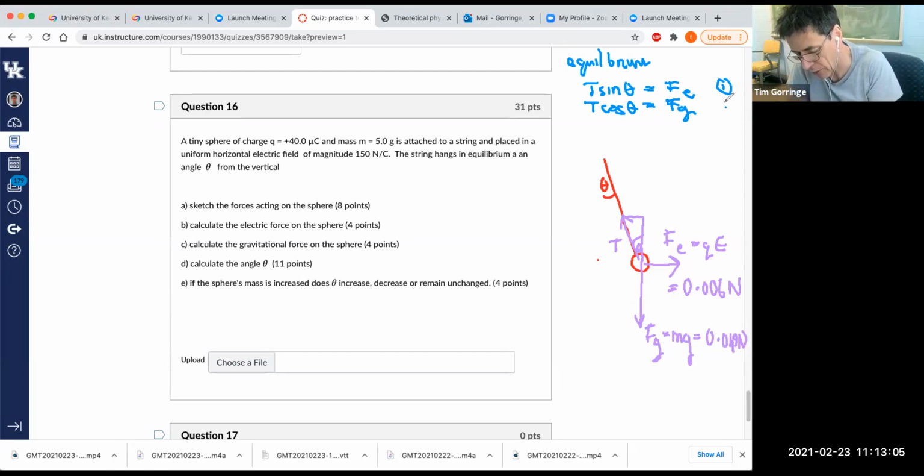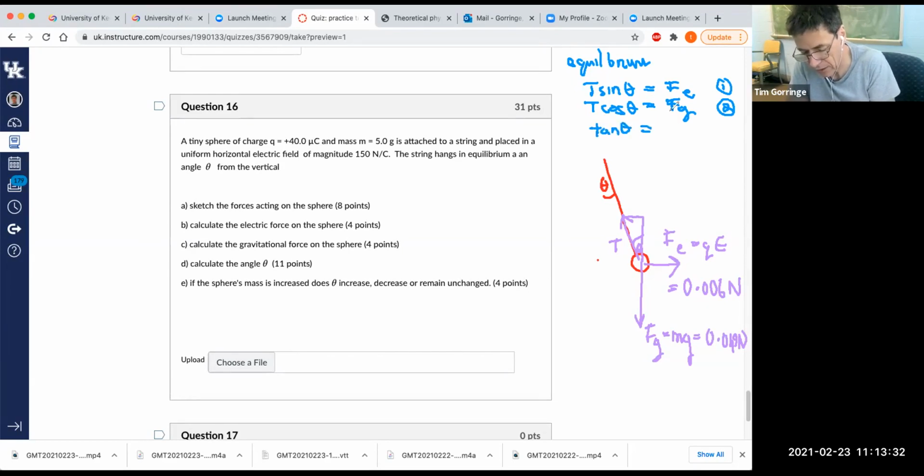So that's like equation number two. Now, if you look at those two equations, you say, well, I don't know tension, but we can cancel out tension. If we simply divide the upper equation 1 by the lower equation 2, what do we get? The tensions cancel out, and we just get sine over cosine, or tan theta.